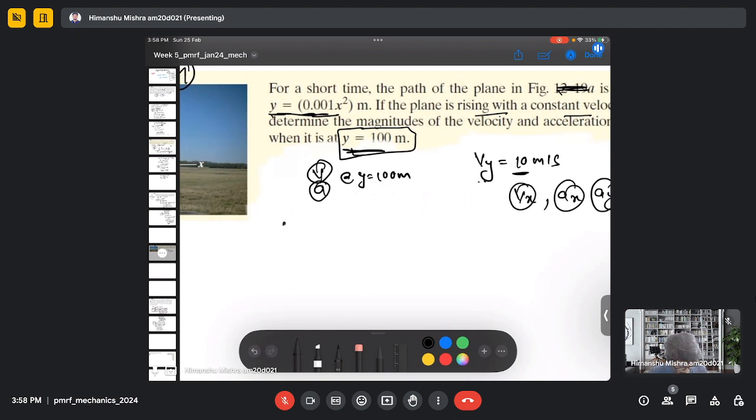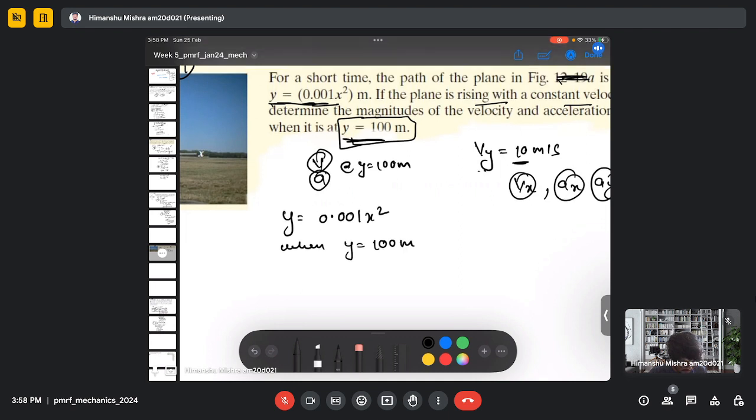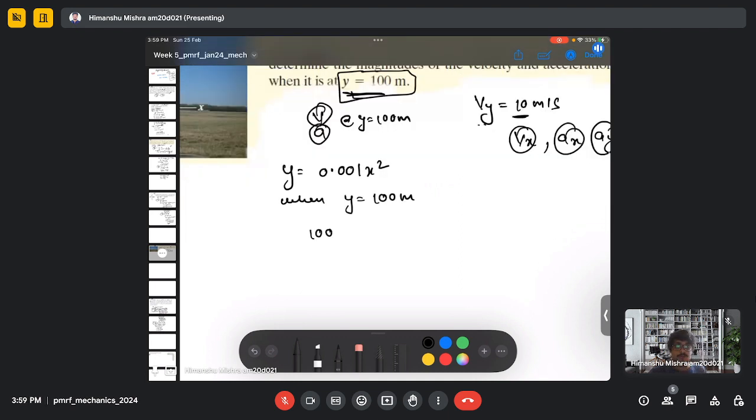So we have been given y equals 0.001 x square. So when y equals 100 meter, then we can calculate the value of x at y equals 100 meter.